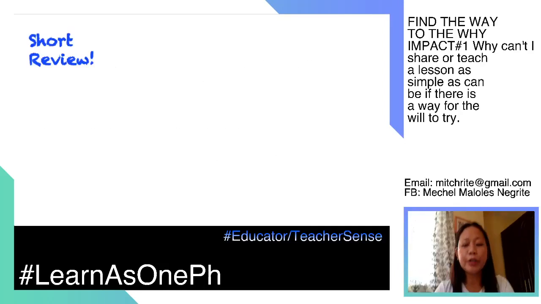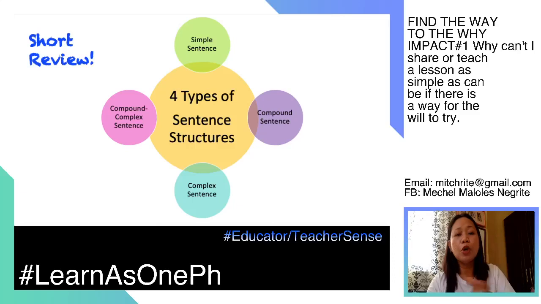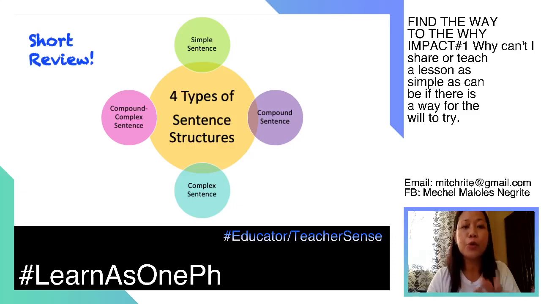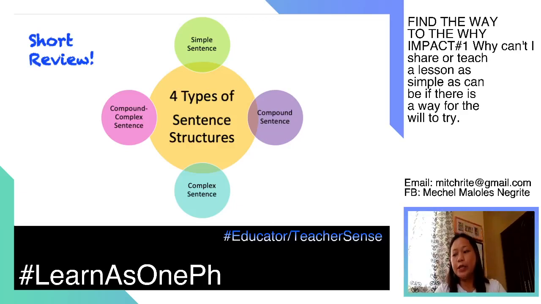Let us have a short review about the four types of sentence structures. Before we go on to the four types of sentence structures, those four circles around the big one, let us review what a sentence structure is. Very quick. Sentence structure is the way a sentence is arranged grammatically, including the pattern, the use of the subject, the verb, and the other parts of speech, figures of speech, and the clauses as well.